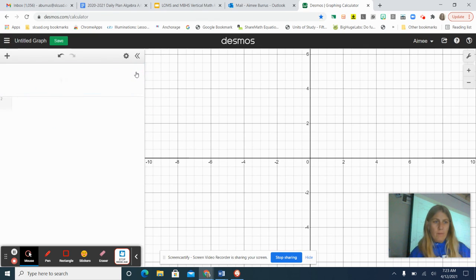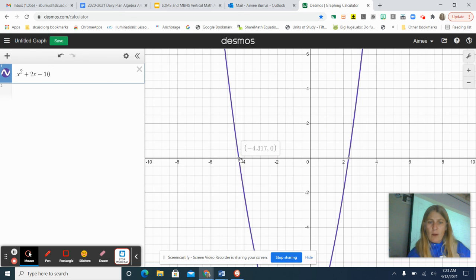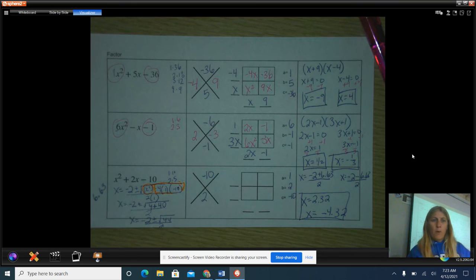We'll just do the bottom one, but you should be doing this for all of them, which is simply typing in our equation, which is x squared plus 2x minus 10. And then we can click on those roots, negative 4.32 and 2.32. Now we did round it, so our answers are a little bit different, but they are the same since we rounded to the nearest hundredths. So ladies and gentlemen, this is your warm-up for the day.